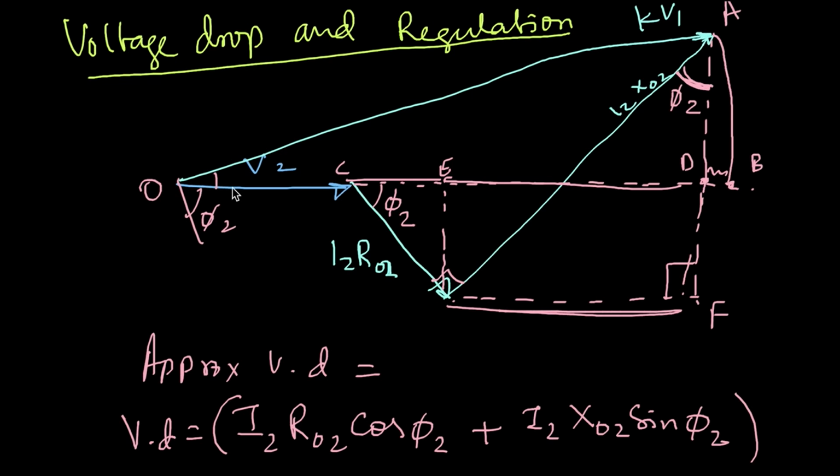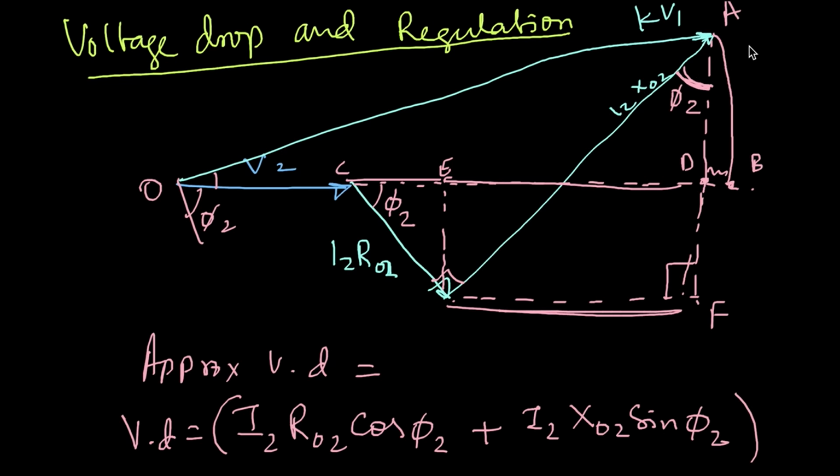V2 is the secondary terminal voltage, and I am assuming I2 is the lagging current with angle phi 2. So I2 R2 will come like this, then leading that will be I2 X2, that is I2 X02. And therefore I get the total voltage K into V1, OA.